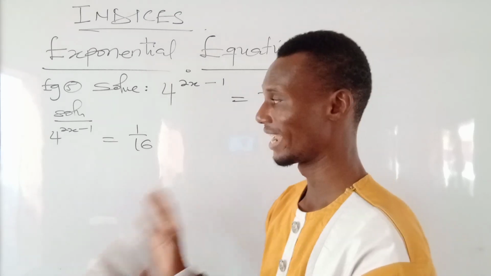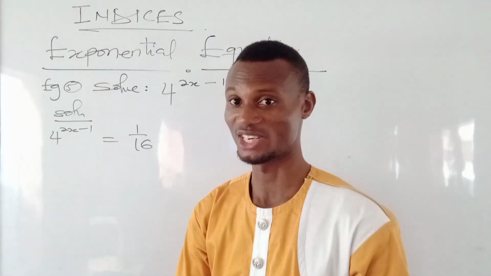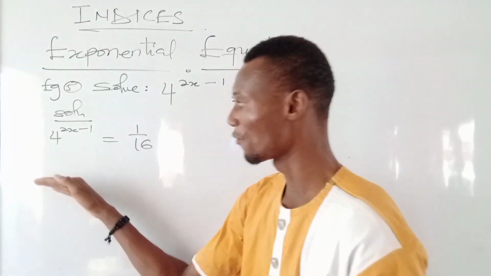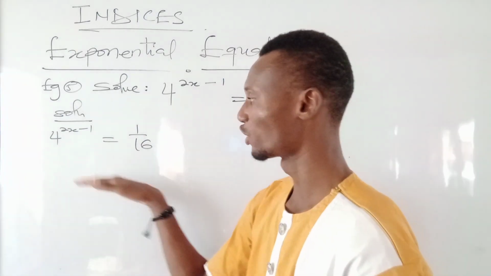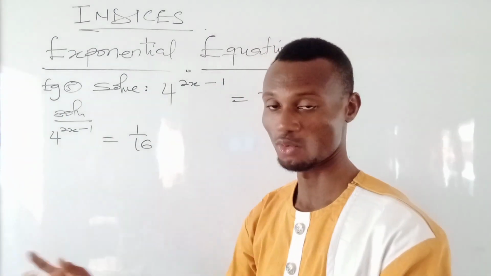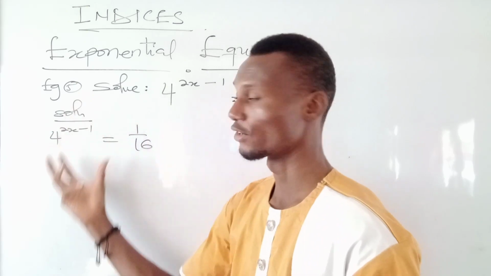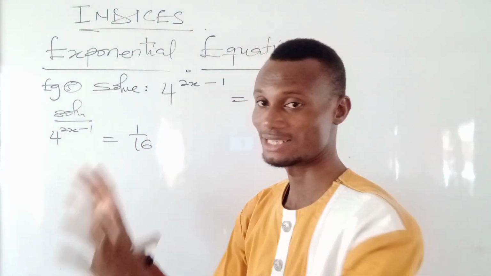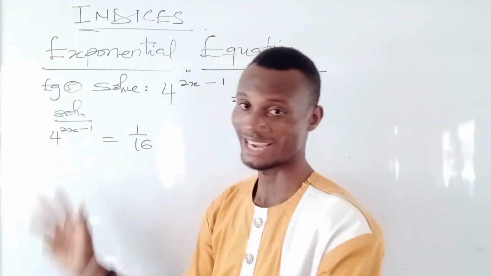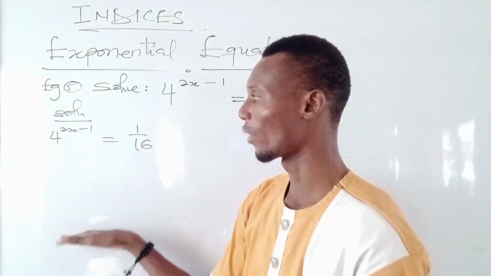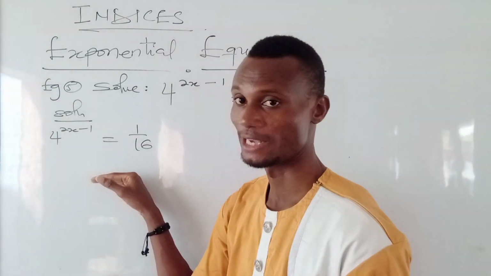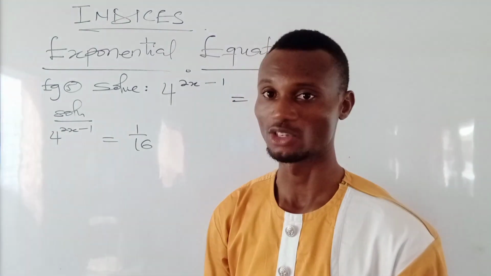That's why I'm encouraging you to watch the previous videos. So before we can go ahead and make sure that the bases are the same and equate the powers, because for you to solve this type of question, this exponential equation under indices, you have to always make sure that the bases are the same, then you equate the powers.